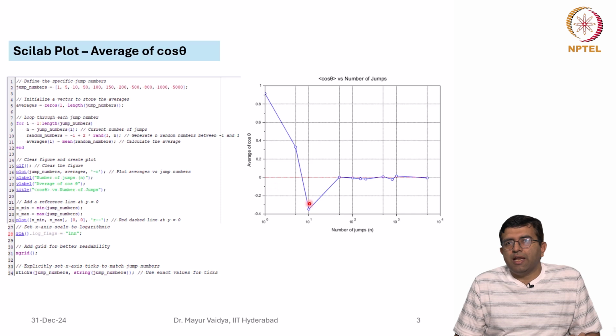So, you see that as you increase the number of jumps, the plot actually tends to 0. It is very close to 0, or almost 0, as the number of jumps increases. You can try to write the code yourself, or take it and run it. You can also do it for more number of jumps and so on.